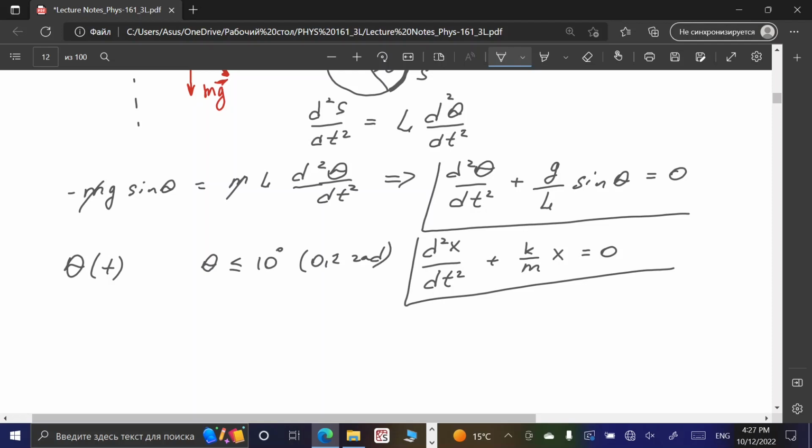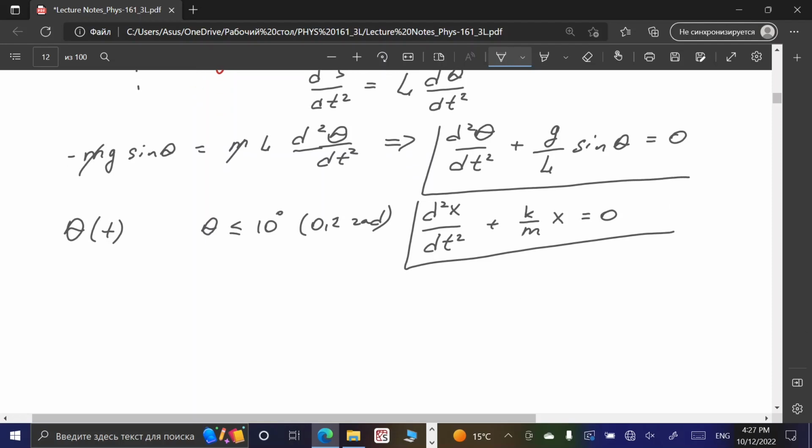So when theta is small, we can write with first approximation that sine theta is close to just theta. And now if we substitute sine theta with theta, we get d squared theta over dt squared plus g over L times theta, and that is equal to 0.